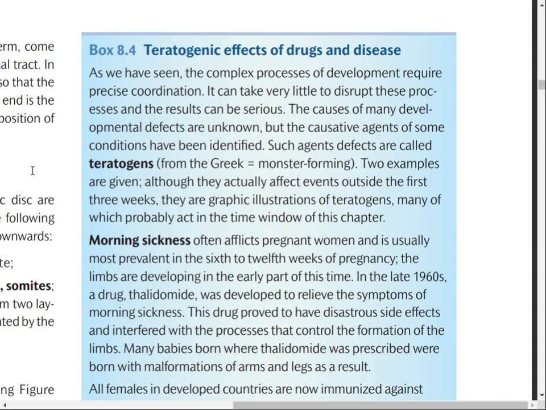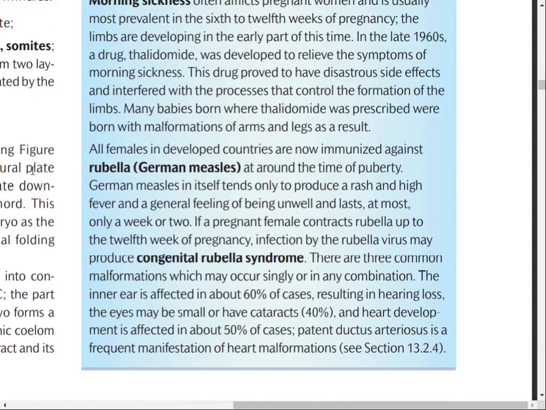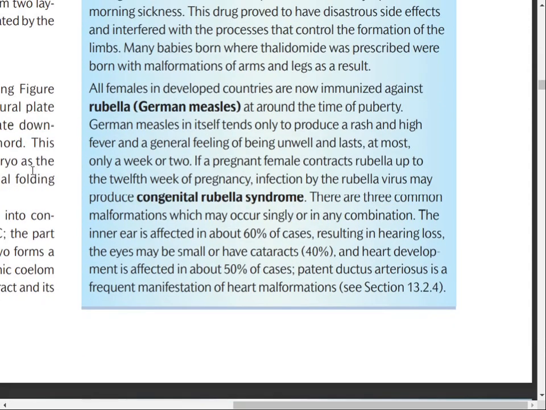Many babies born where thalidomide was prescribed were born with malformations of arms and legs. As a result, females in developed countries are now immunized against rubella, German measles.